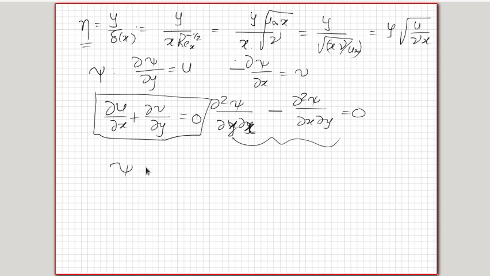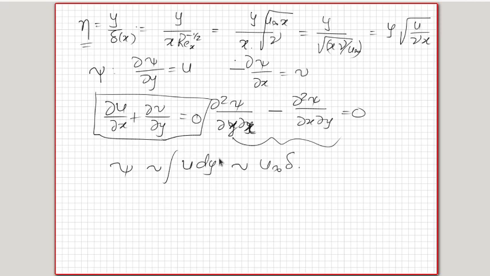Okay, so now what is ψ then? ψ is in some sense ∫u dy, okay, integration. So this ψ is going to be of the order of u∞ times δ, right? That is the order of magnitude, because the dy is the boundary layer, so of the order of δ.